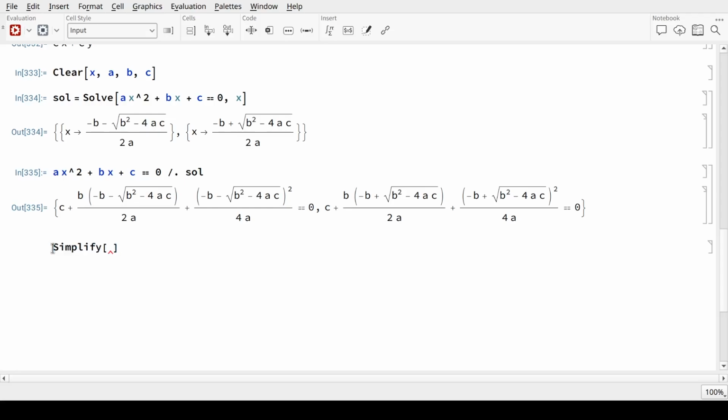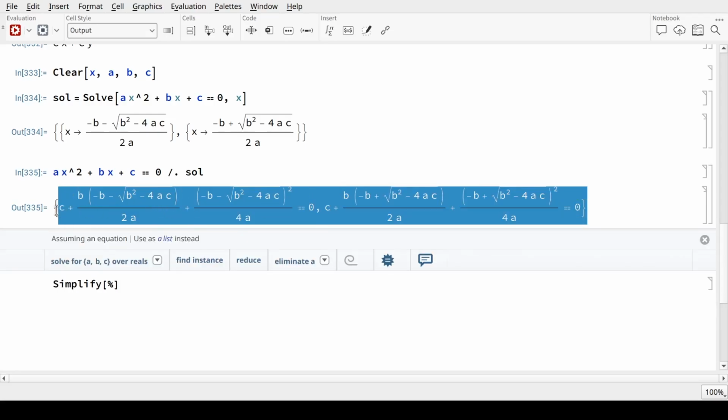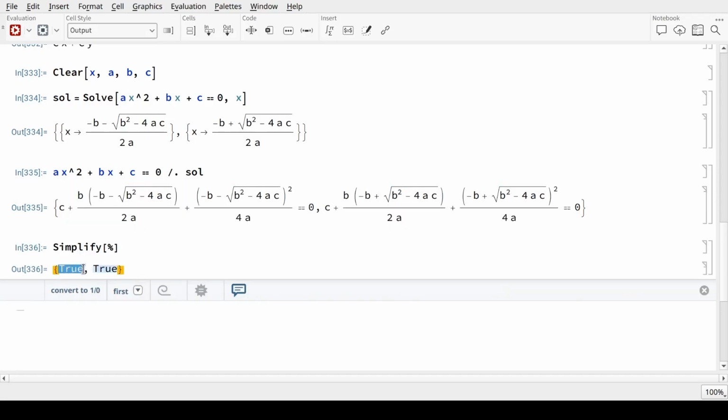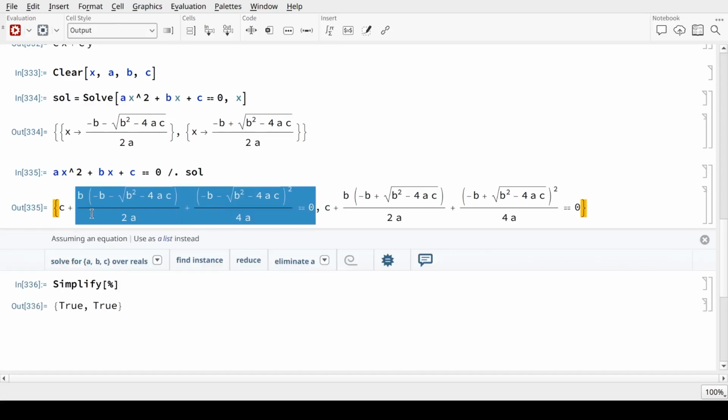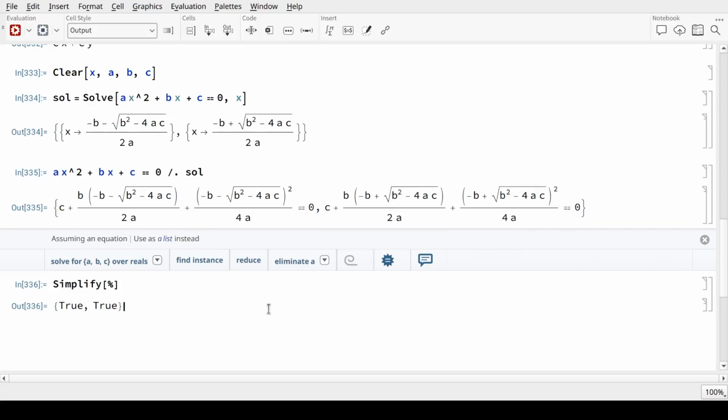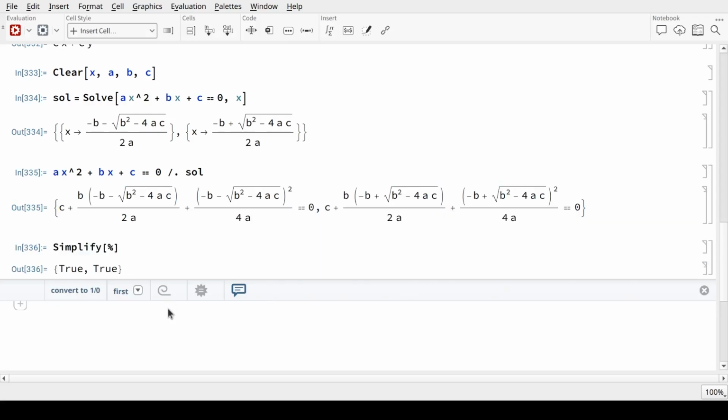And this is the function that does the simplification. And just like before, to get this entire previous input, we can just enter a percent sign. As you can see, the first equation evaluated to 0, and the second one evaluated to 0 as well, which means the equations hold and they are right.